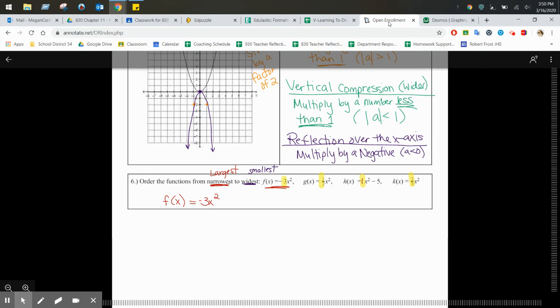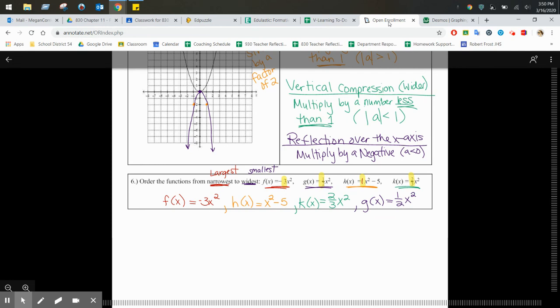Let's see, after that, h of x, which is just x squared minus 5, that's going to be the next largest, or now we're going to start getting smaller and smaller, right? And then I've got 1/2 and I've got 2/3. So again, I want largest to smallest. So 2/3 is bigger than 1/2. So the next one would be k of x, which is 2/3 x squared. And finally, my smallest one is g of x, which is 1/2 x squared.